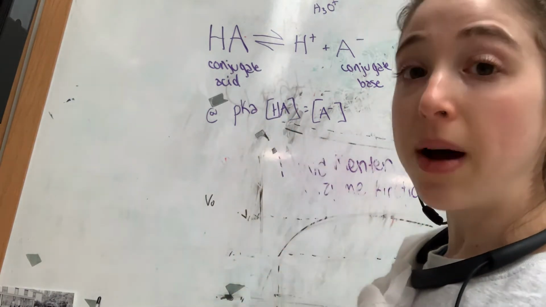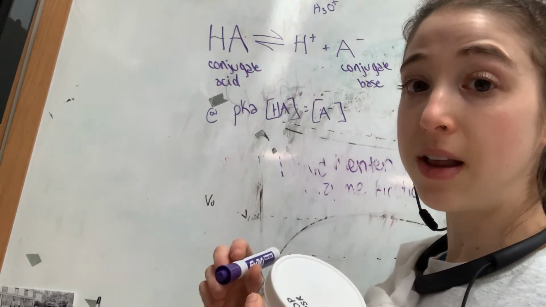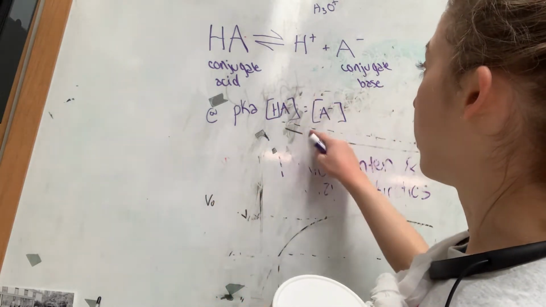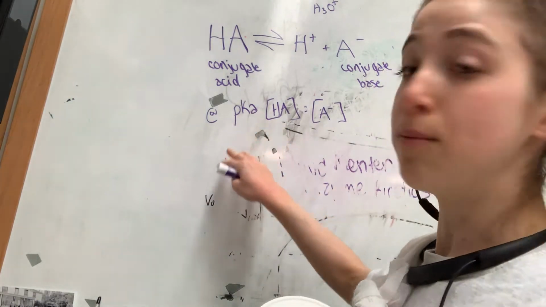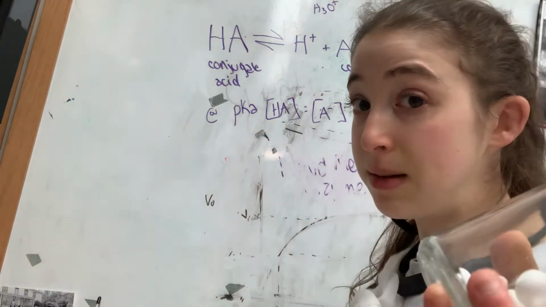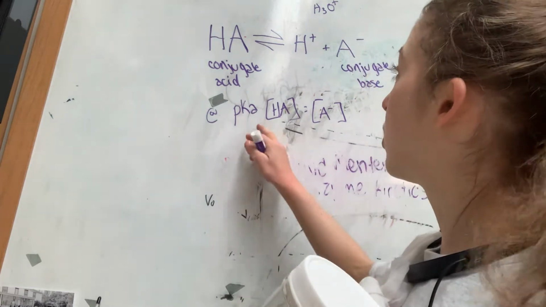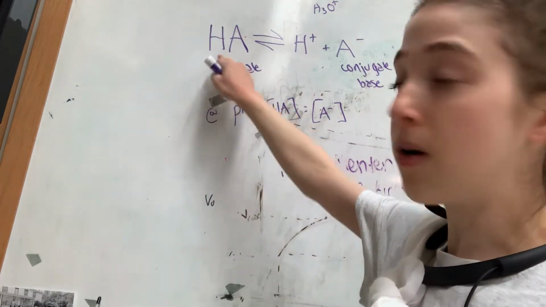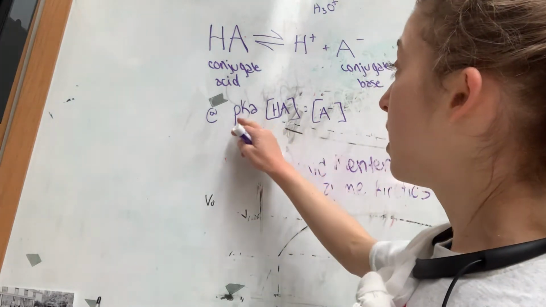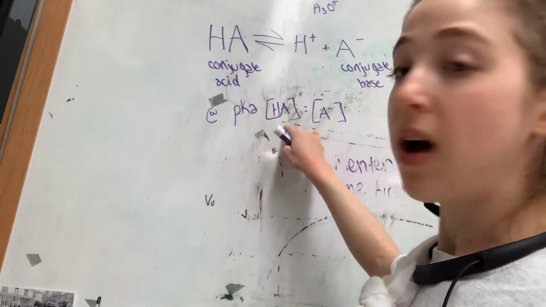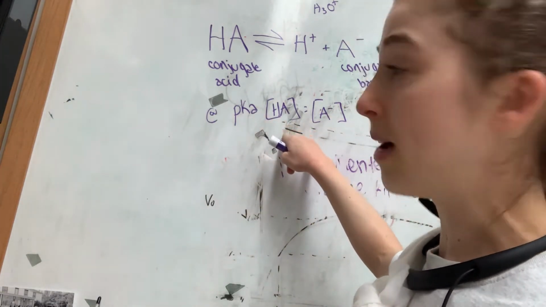Above that you have fewer protons available, so you're going to have more in the base form. Below the pKa, you're going to have more protons available, because remember that means the solution is more acidic, and so you're going to have more in this protonated, conjugate acid form. But at the pKa you have equal amounts of both.